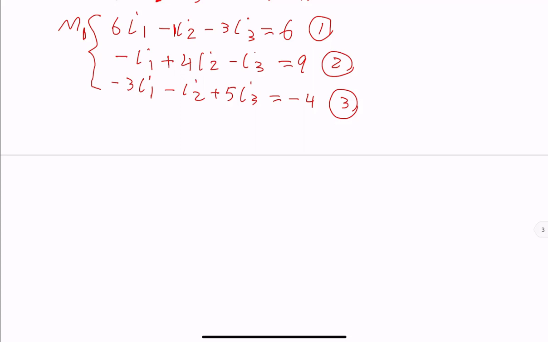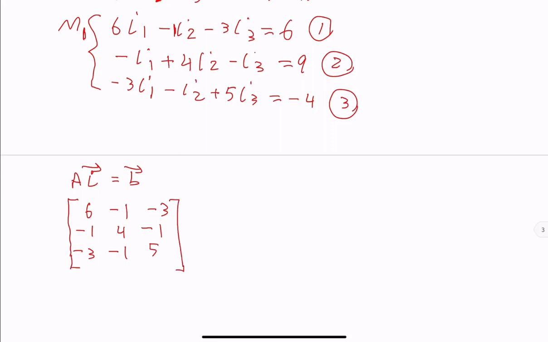If we want to look at the same equation in matrix form, we get matrix A times vector I equal to vector B. And that gives us [6, -1, -3; -1, 4, -1; -3, -1, 5] times [I1, I2, I3] equal to [6, 9, -4].